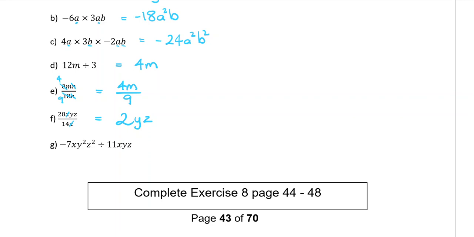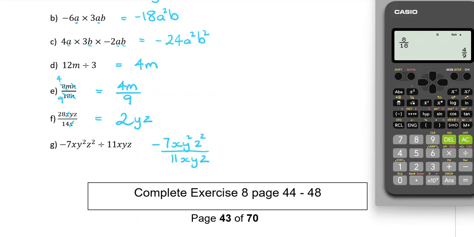So what we might want to do instead is rewrite this question as a fraction. So as I said, if you tried to do as a fraction minus 7 over 11, nothing simplifies. You can see there on my calculator. So nothing changes with those numbers.